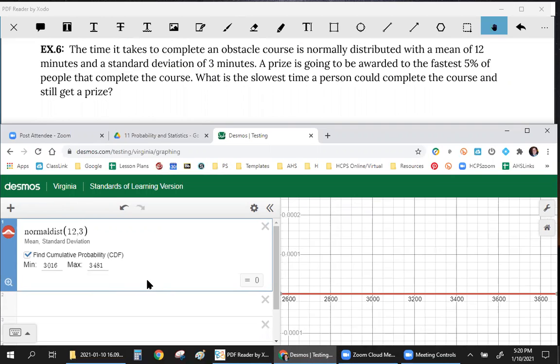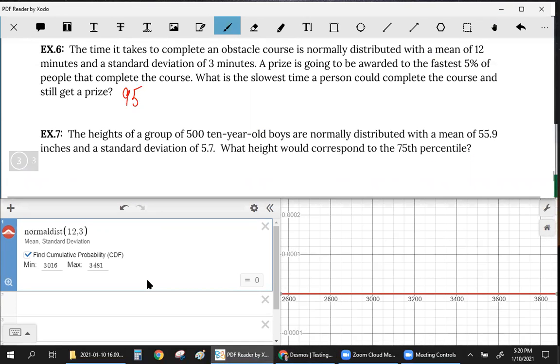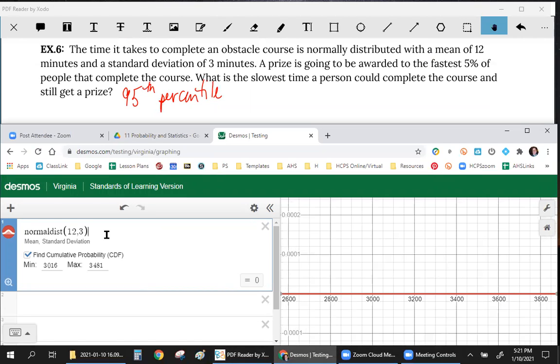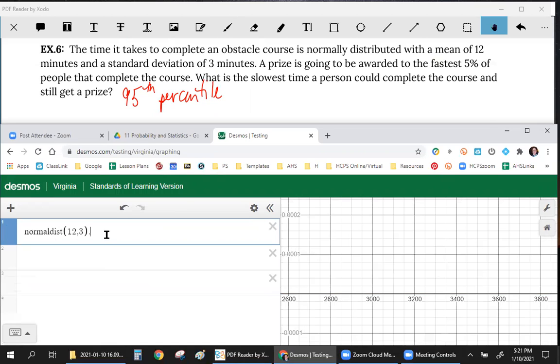So this is one where they're saying top 5%. Which percentile is that? Fastest 5% means what percent is going to be below? 95. So we're really looking for the 95th percentile. That means I can't just do normal distribution; I need to add the extra at the end, so that's dot inverse CDF.